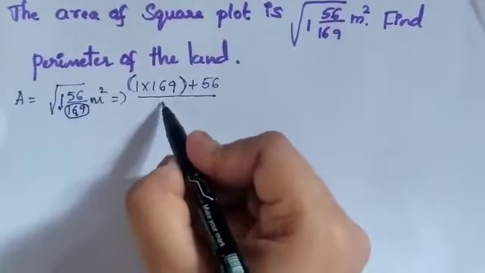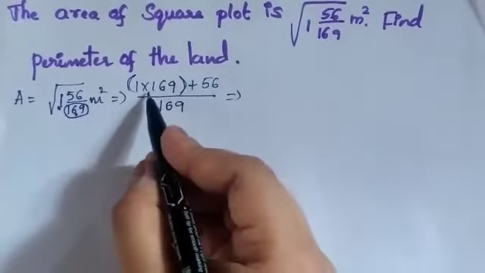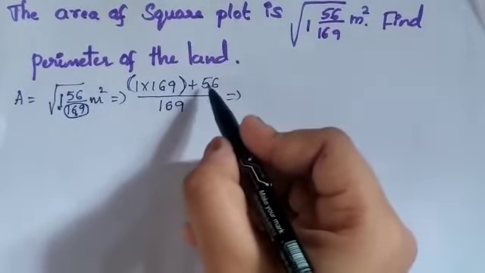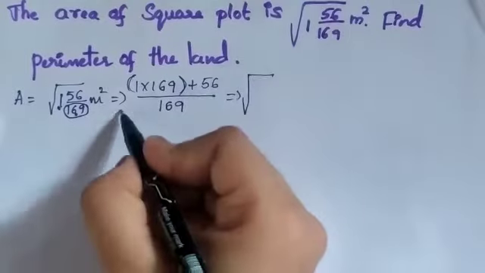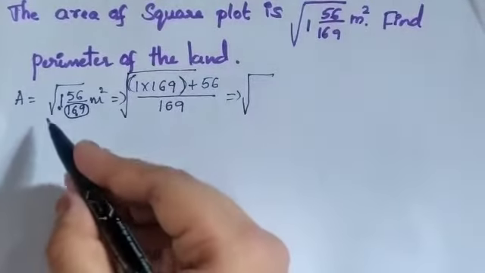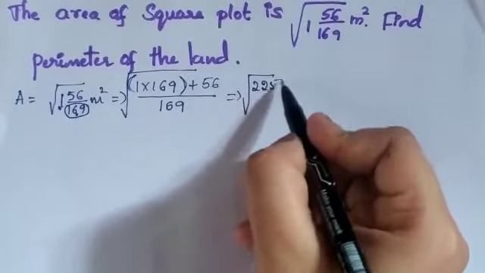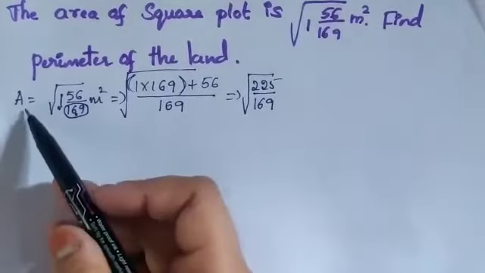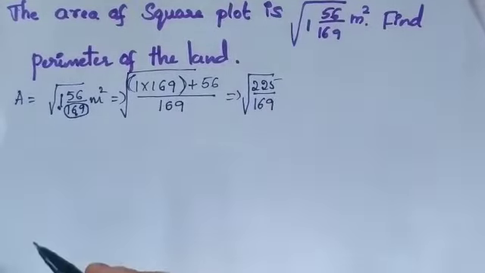What is the denominator? 169. Okay, 169 plus 56 if you have done, you will get 225. It should be in square root everything, because here square root is there, square root of 225 divided by 169. Okay, area we have got, square root of 225 divided by 169.